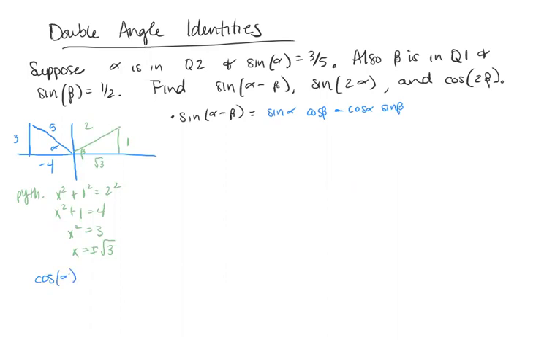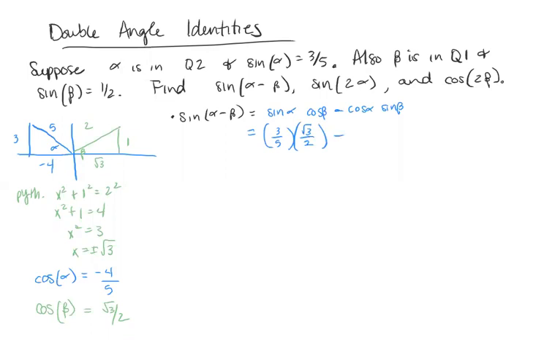The cosine of alpha is going to be adjacent over hypotenuse, so the blue stuff, that would be -4 over 5. And then the cosine of beta is going to be √3 over 2. Okay, so now we can fill in. The sine of alpha we were given is 3/5. The cosine of beta we just found is √3 over 2.